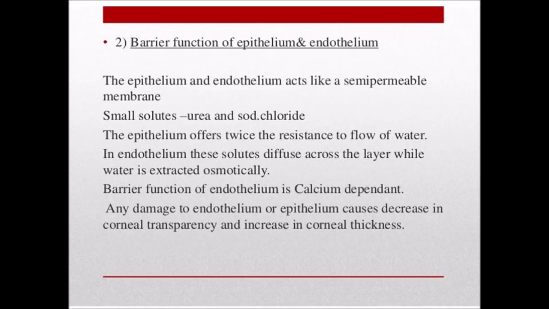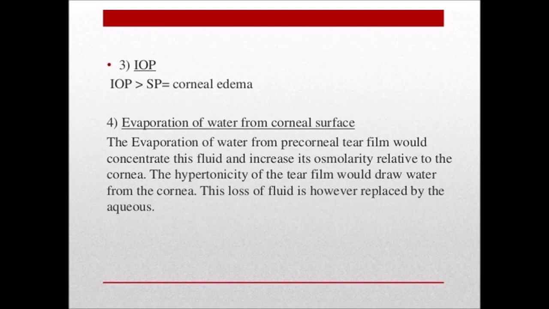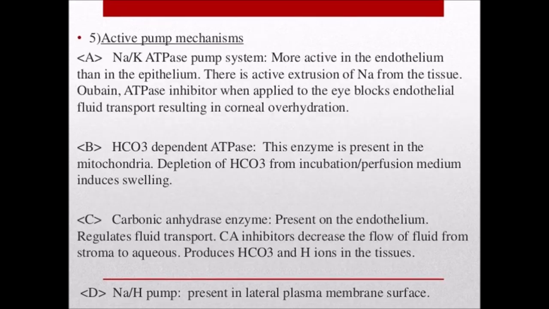Now there is barrier function of epithelium and endothelium which act as a semi-permeable membrane and don't allow solutes to enter, and also prevent entry of water. Whenever intraocular pressure is more than the swelling pressure, there is corneal edema. And also because of evaporation of water from the precorneal tear film, there is increased osmolarity relative to the cornea, and this causes dehydration of the cornea.